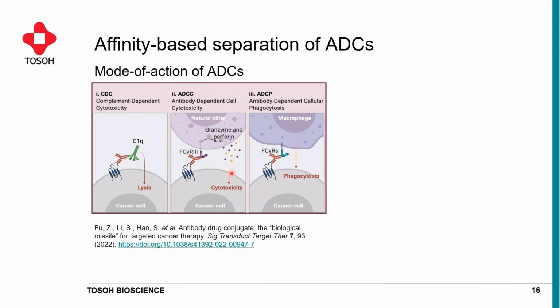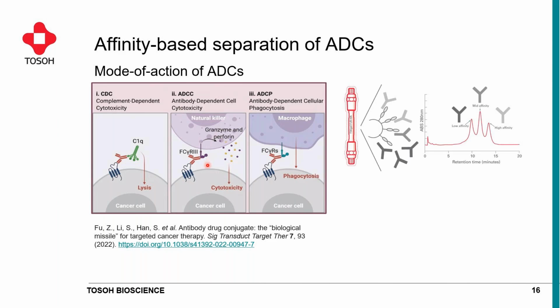action of the ADC, and this is something that we actually copied onto an HPLC column. So what we have here is the Fc receptor, which is exposed on natural killer cells and is supposed to interact with Fc parts of the ADC or antibodies. And this is what we put onto the stationary phase.